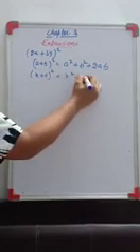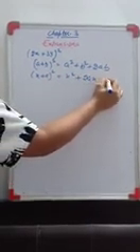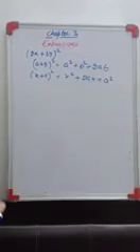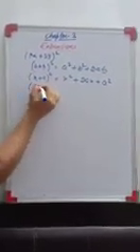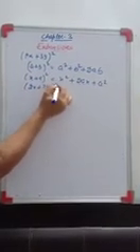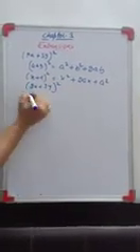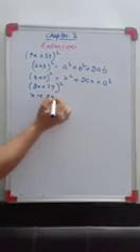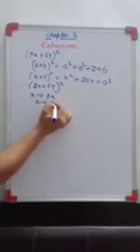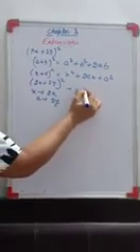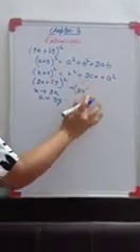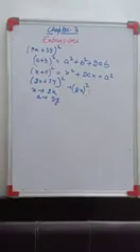X square plus 2ax plus a square, right? So same, we will compare this one. What is this? 2x plus 3y, right? That means over here x is 2x, a is how much? 3y, right? So x square, that means 2x whole square, right?